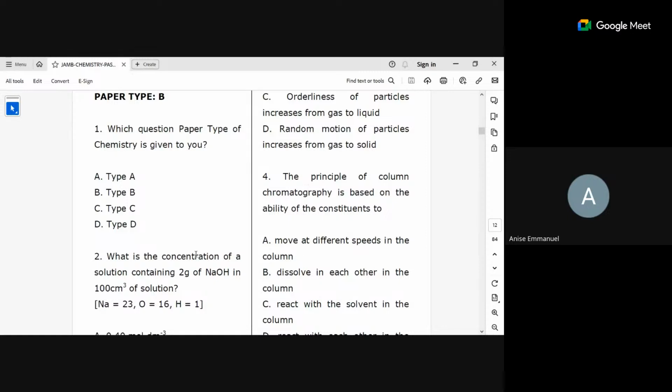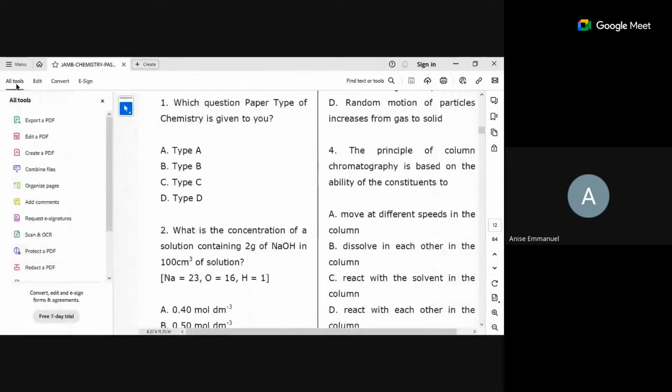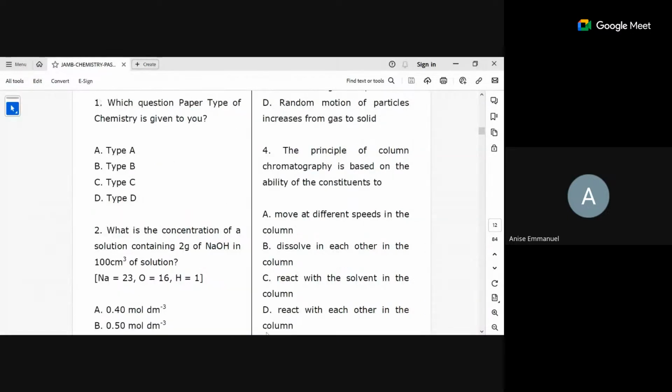So you are asked to calculate the concentration. In order to convert this to concentration, which is going to be in mole per dm cube, let me use my pen here. I think I can use my tools here.